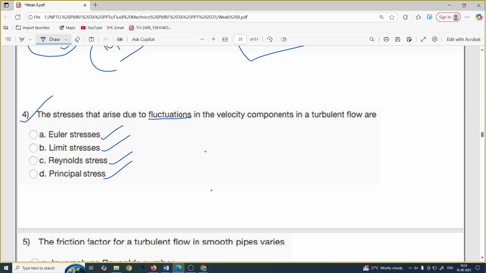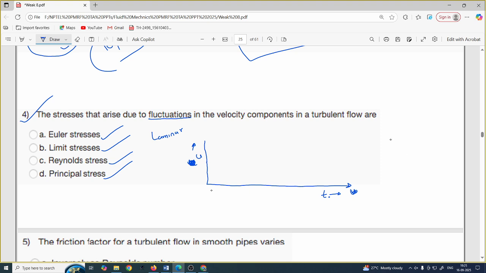Velocity fluctuation means, when your flow is laminar, I am writing this axis representing the time and this is your velocity.